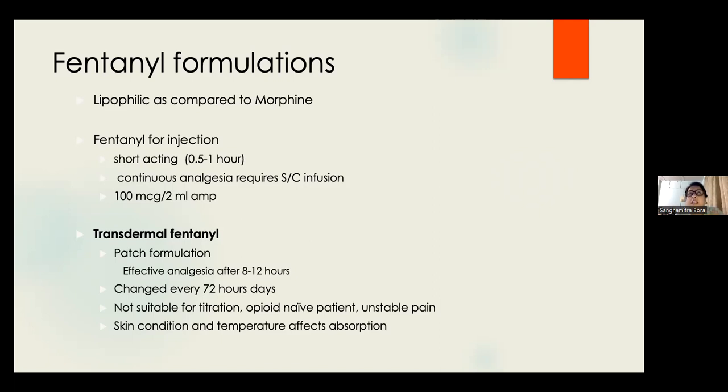Until that period, we will need to cover the pain with either oral morphine or some other equivalent medication.